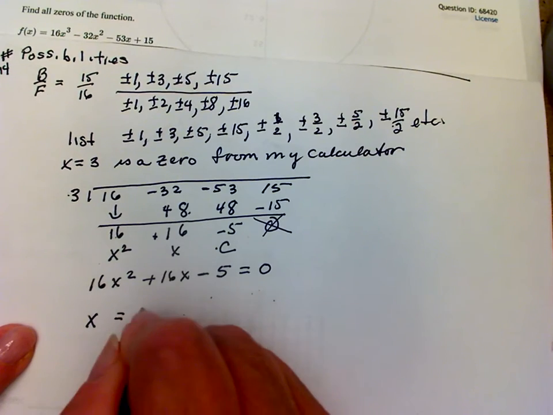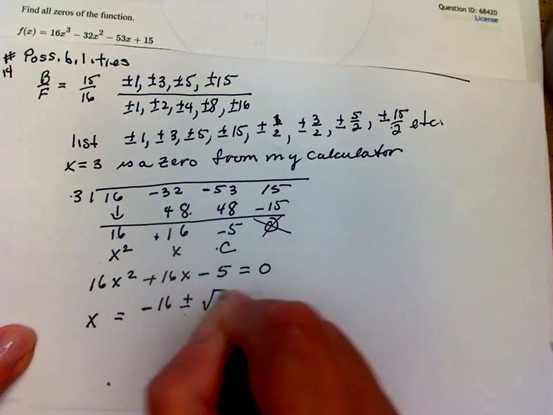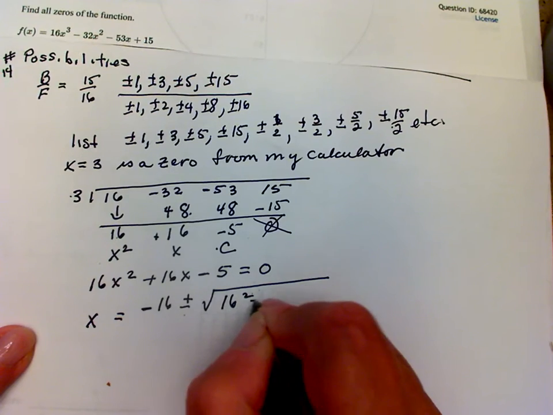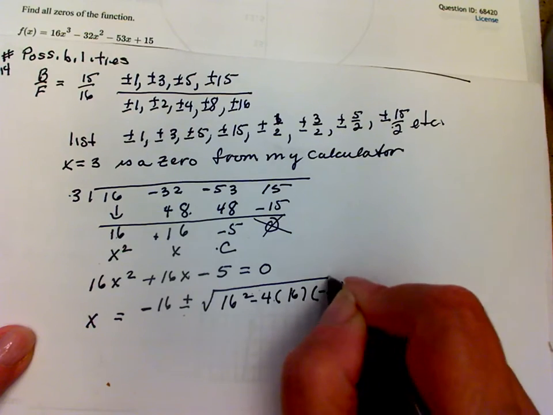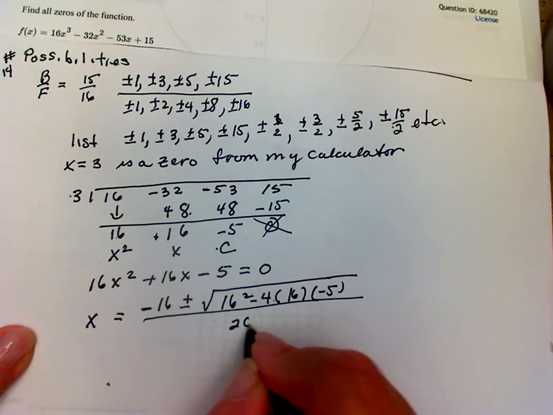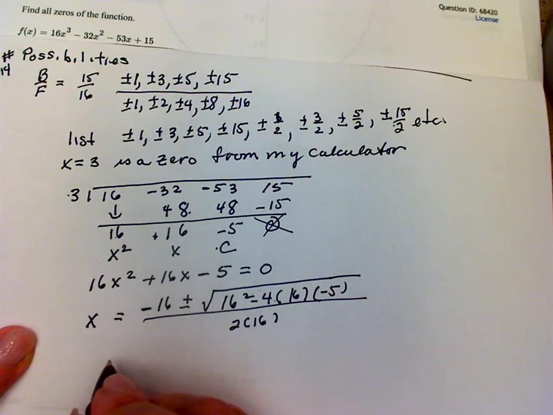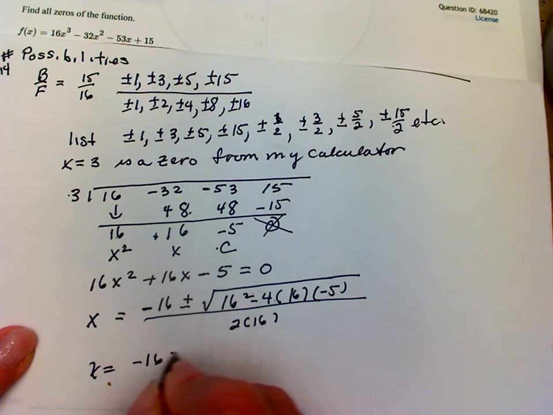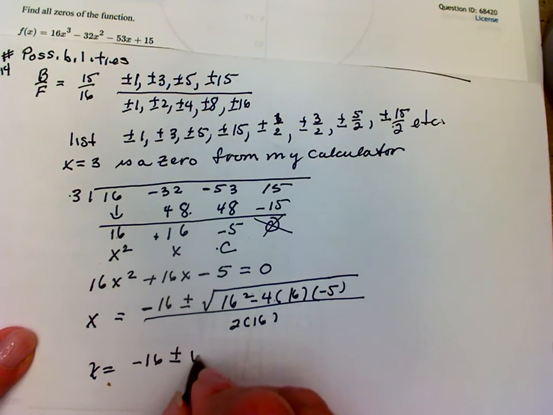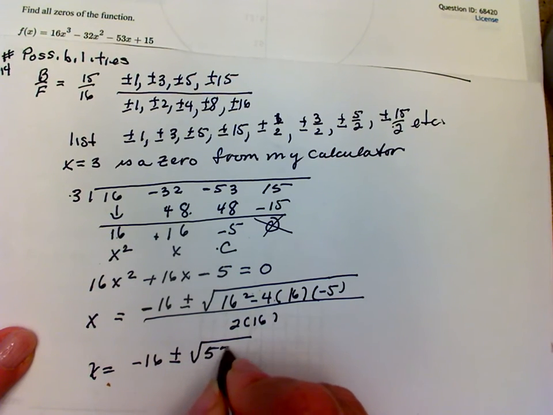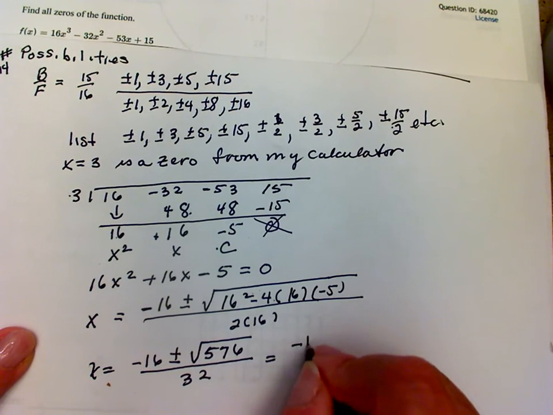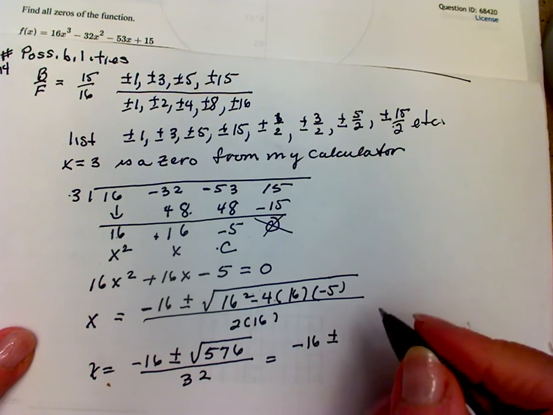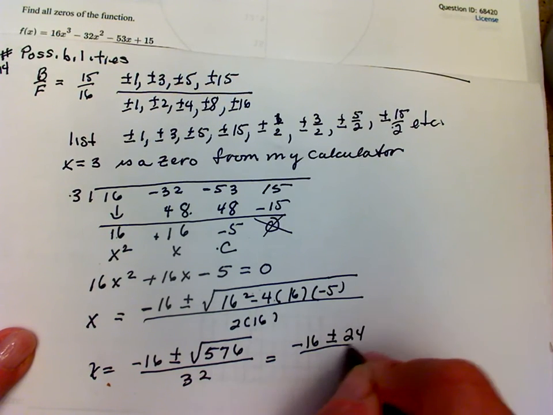I'm going to use the quadratic formula so that x is going to be equal to minus 16 plus or minus the square root of 16 squared minus 4 times a, which is 16, times c, which is negative 5, all over 2 times a, which is 16, so that x is negative 16 plus or minus the square root of, using my handy dandy little calculator, 576 all over 32, which is minus 16 plus or minus, that is a perfect square, believe it or not, which means it would have factored.